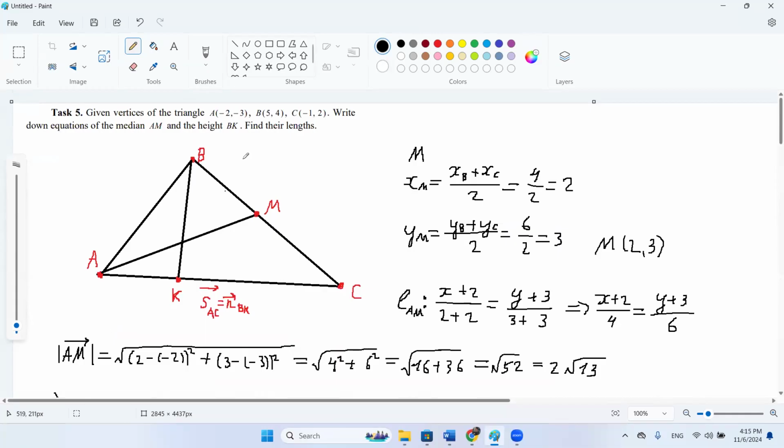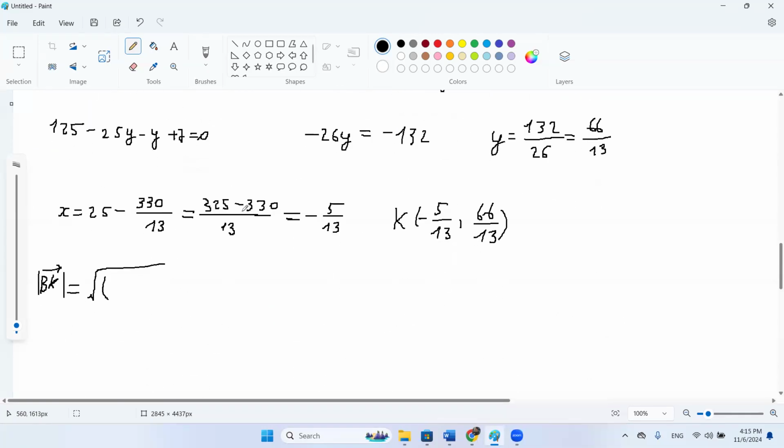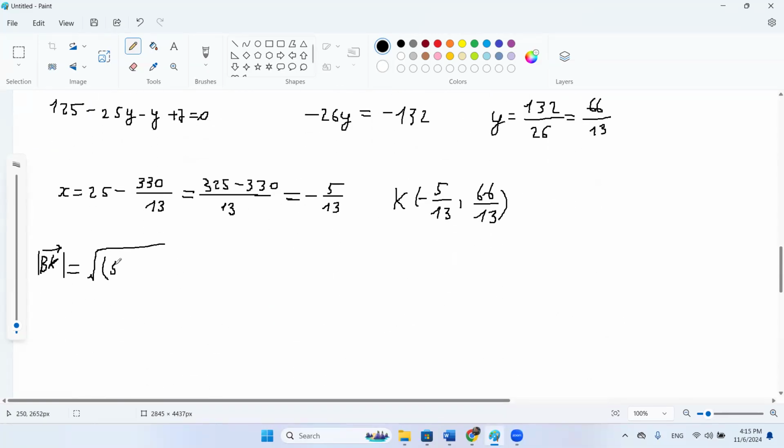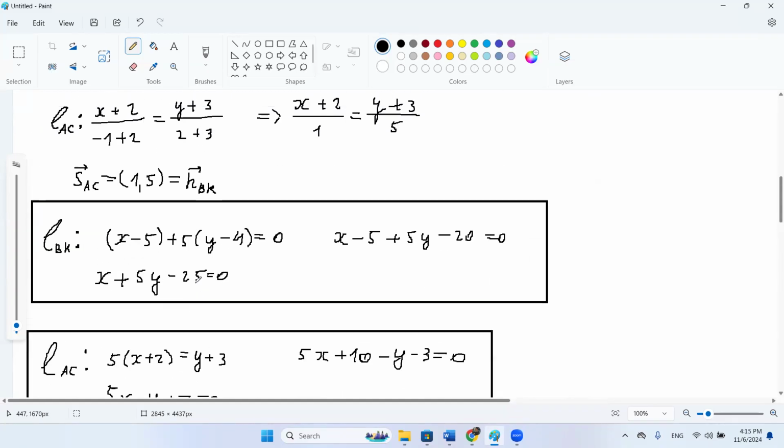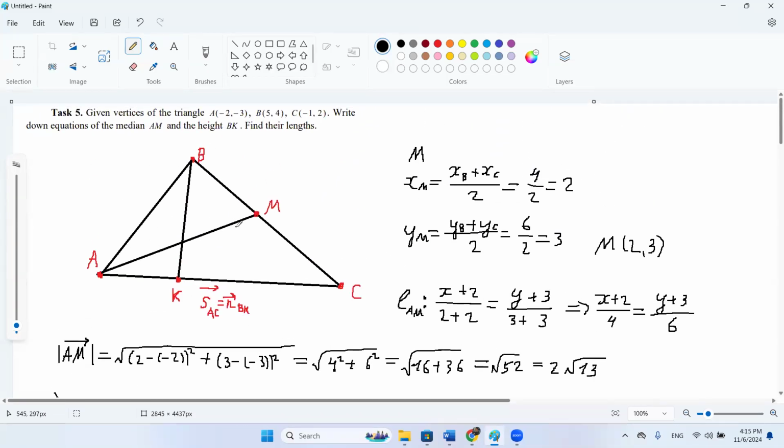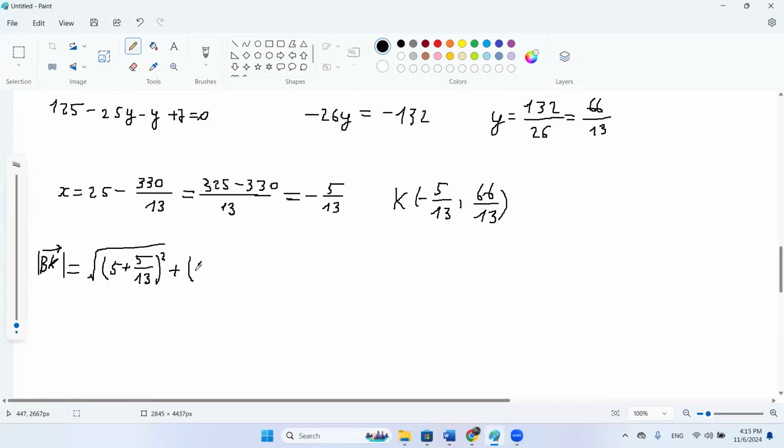So 5 plus 5 by 13 in power of 2, plus 4 minus 66 by 13 in power of 2, and the square root of this whole sum.